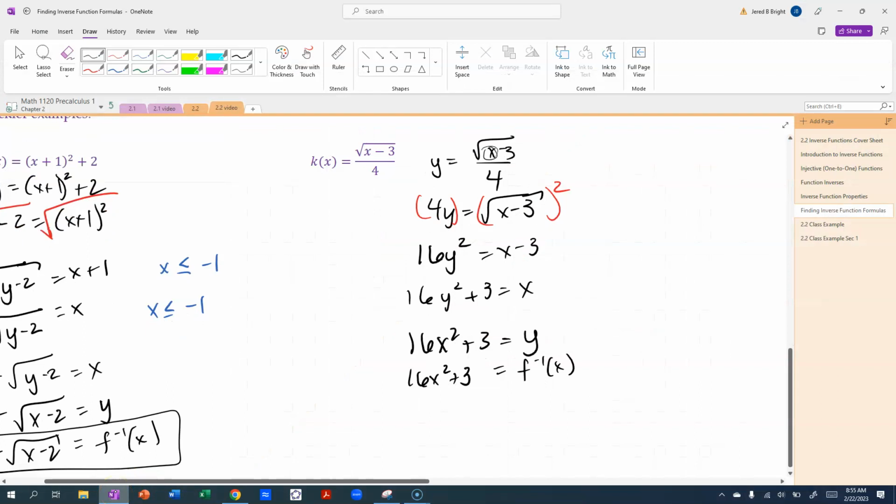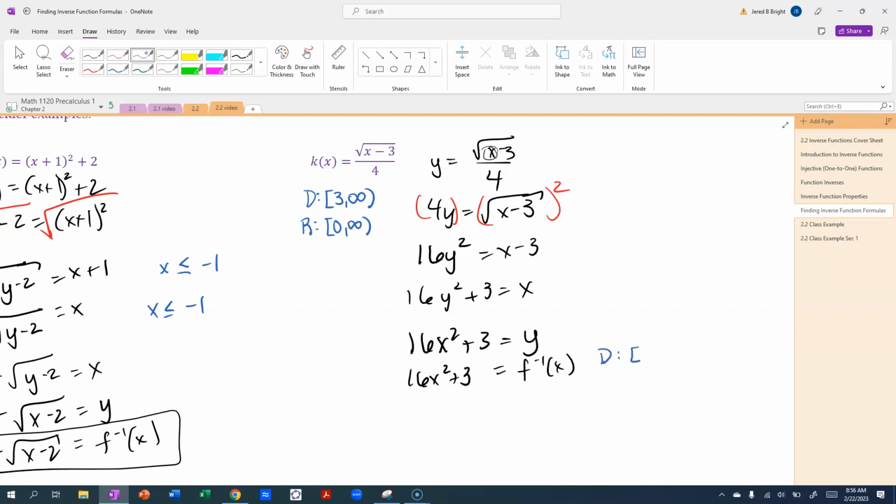So the domain here is 3 to infinity, and the range we said was 0 to infinity. When we look at the inverse function, its domain should be the range of the original, so 0 to infinity, and its range should be 3 to infinity.